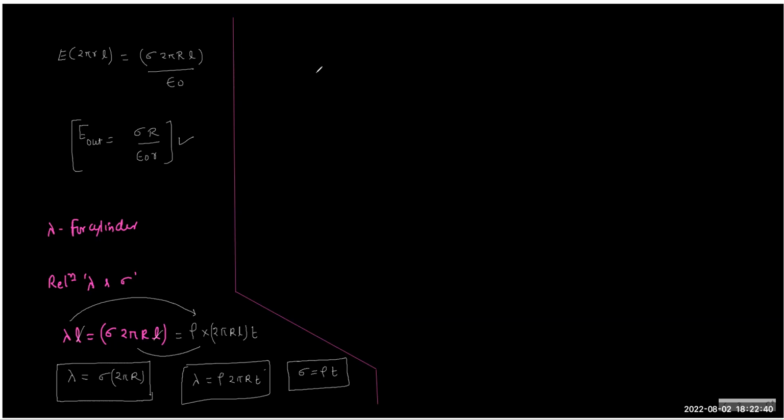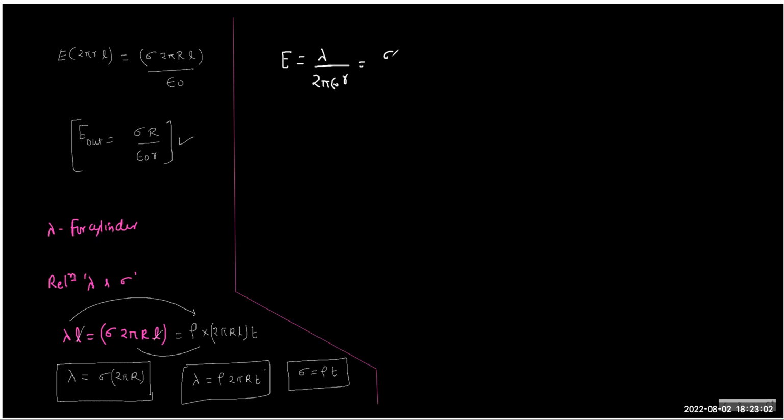So now it is as good as a line charge, and therefore the formula will remain the same as the line charge formula. So what was the formula for line charge? Lambda by epsilon naught r. And we know the relation of lambda with the cylindrical surface.